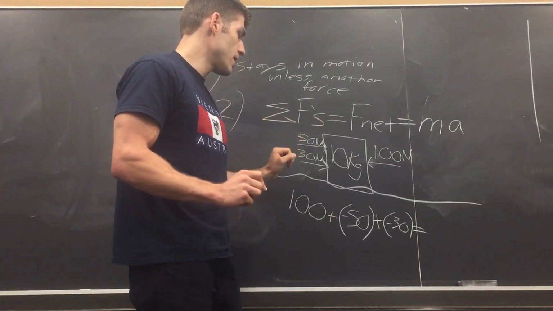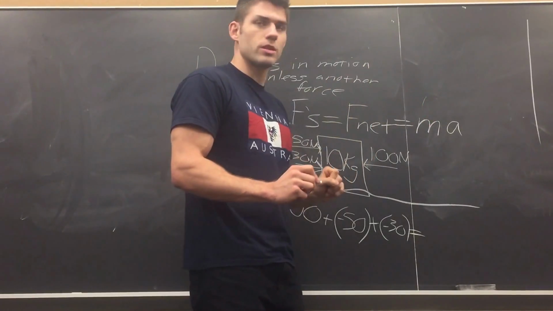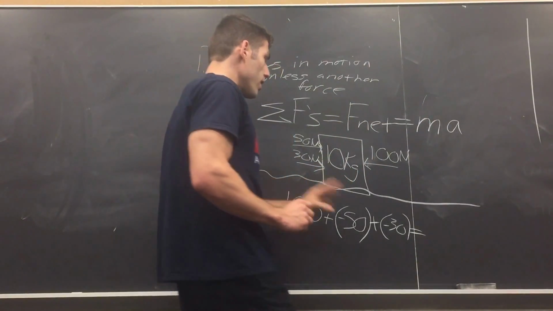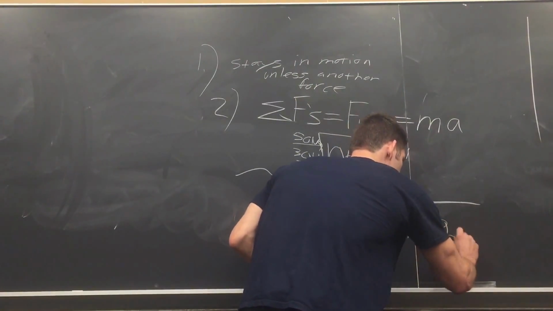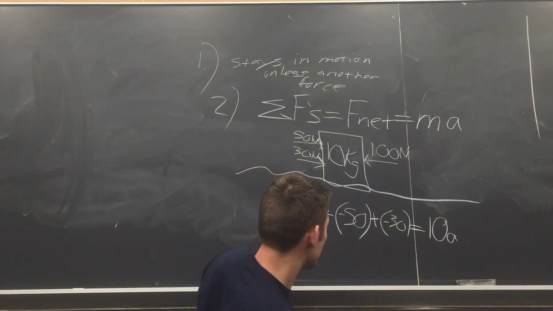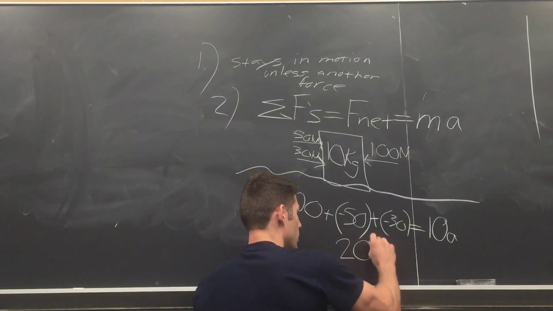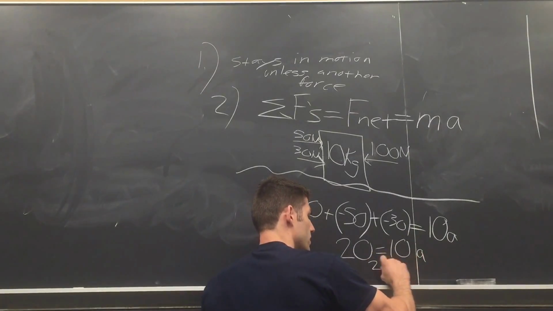That's equal to the force net, which is also equal to the mass times the acceleration. So all of this is equal to the mass, 10, times the acceleration. And 100 minus 80 gives us 20, which is equal to 10A, and 2 is equal to A.